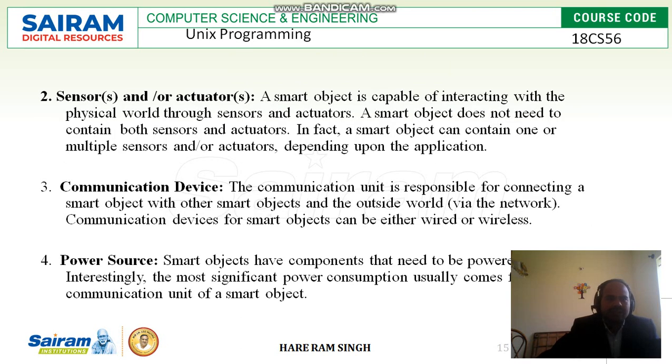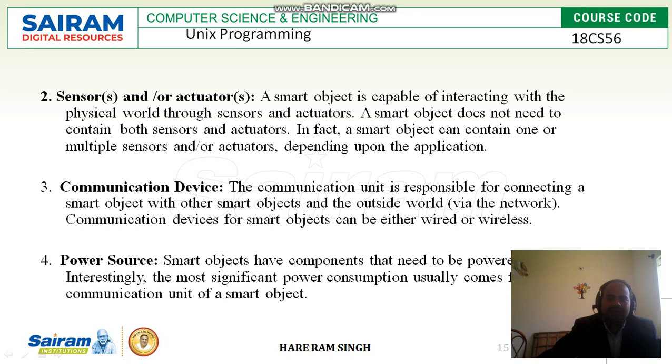So next characteristic is sensors and actuators. A smart object is capable of interacting with the physical world through sensors and actuators. A smart object does not need to contain both sensors and actuators.